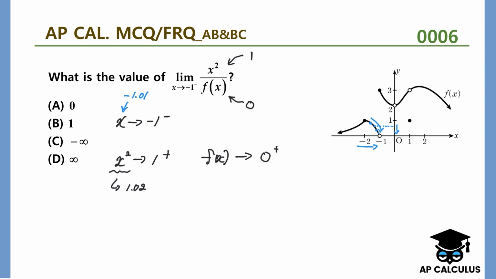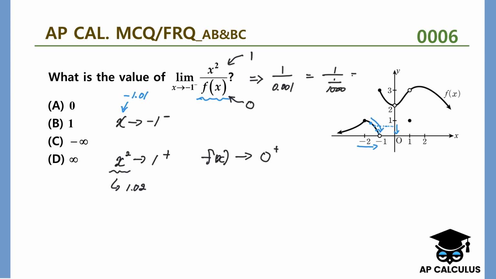Then what about all of this value right here? It'll approach 1 over, think about this, the denominator approaching 0. Let's say 0.001. That's 1 over 1/1000.